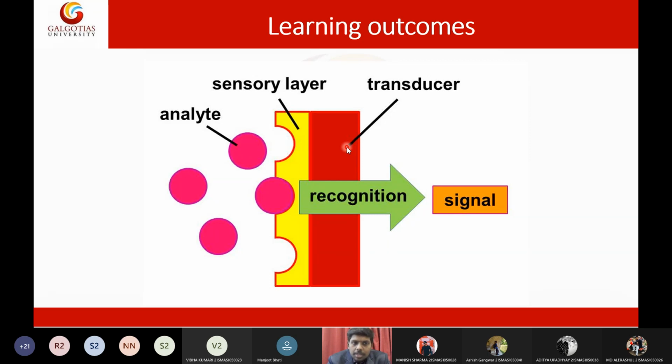Such components are called transducers. For example, light energy will be converted to electrical energy. Mechanical energy can be converted to electrical energy. Sound waves will be converted to electrical energy.